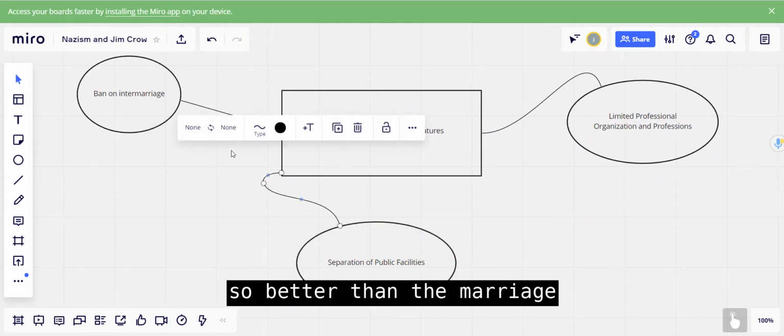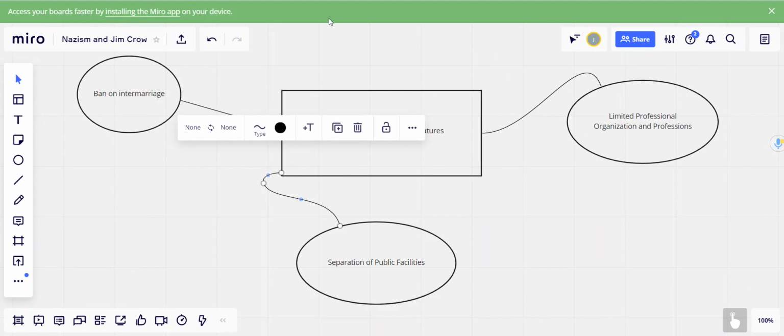So, the ban on intermarriage. We can also add a few more features to that.